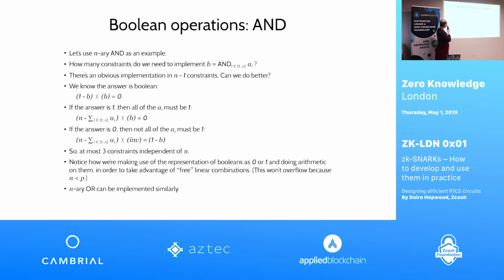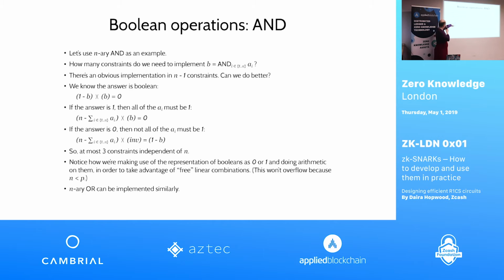So the final answer is going to be Boolean, so let's constrain that. And if the result is true, then all of the inputs must have been true, to pass the definition of AND. So let's just sum them up.